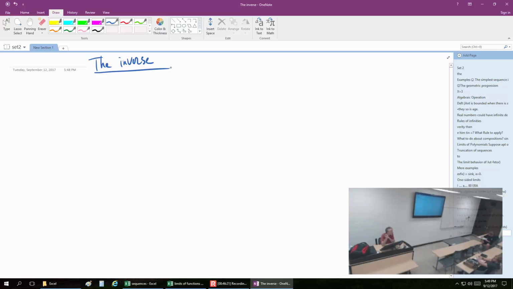The inverse. It's like reverse, only better. It is how to reverse the effect of a function. That's what the inverse does.